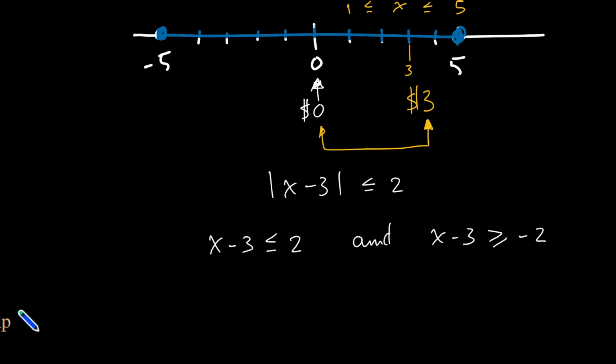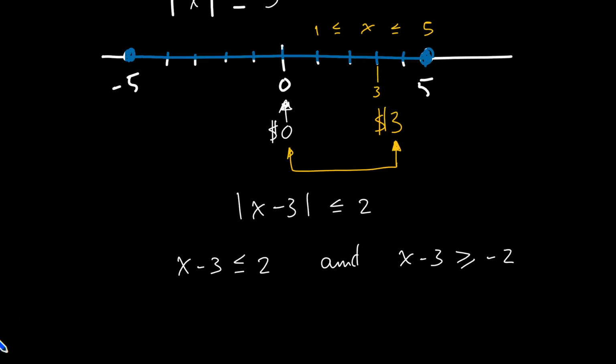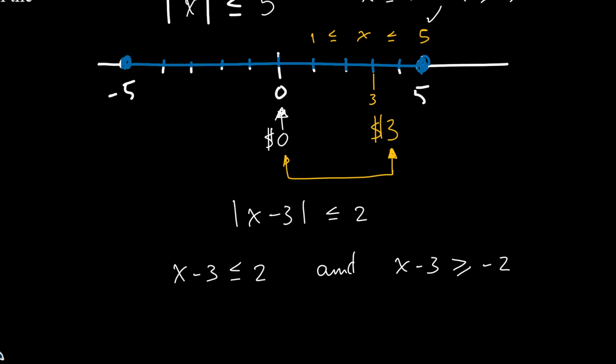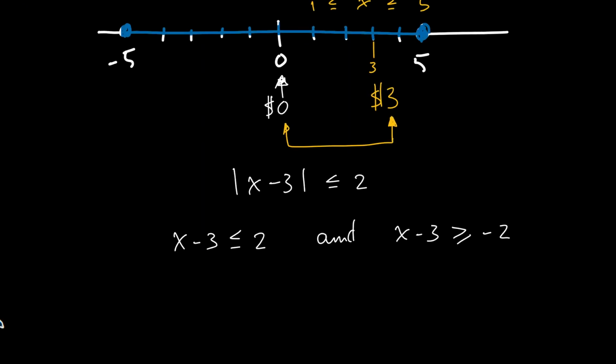So you can see this is me thinking of those two places. You're either on this side or on this side of it. Now if I solve both sides of this, I just add 3. On this side I get X is less than or equal to 5, and it has to be the case that X is greater than or equal to positive 1.